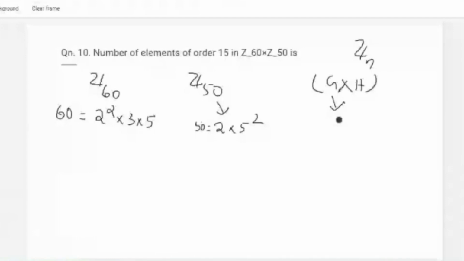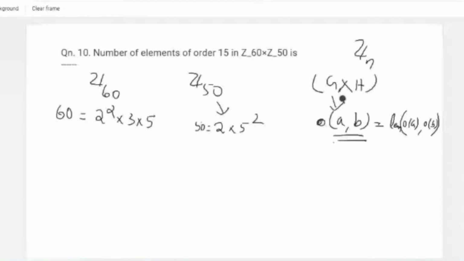This you know, the order of an element in the product of two or more groups. You can generalize.